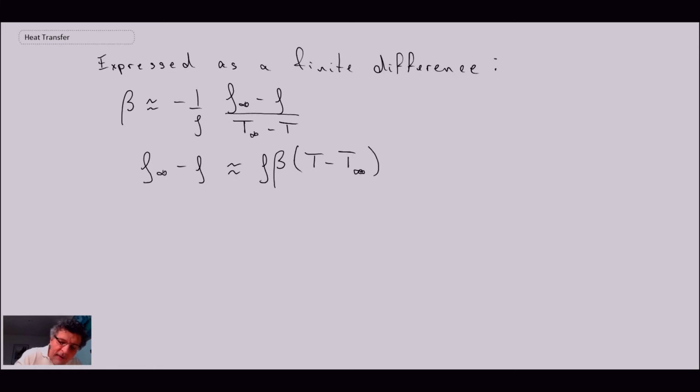So here we have an expression for the difference in density expressed in terms of the density, the volumetric expansion coefficient, and the difference in temperature. This is referred to as the Boussinesq approximation, and it gives us a coupling between the momentum equation and the energy equation.